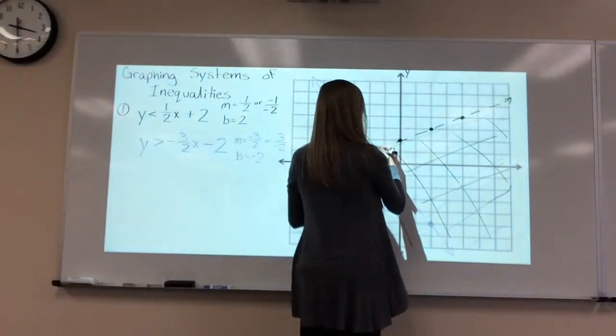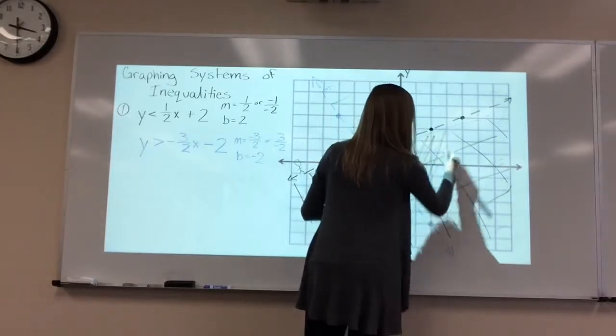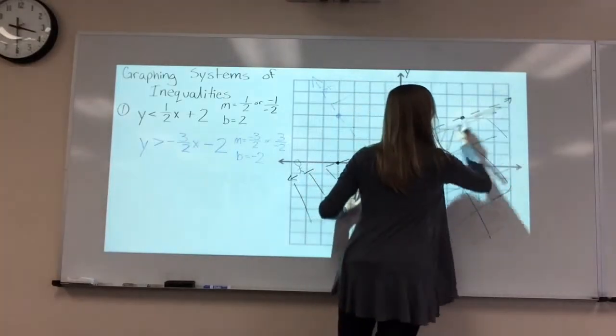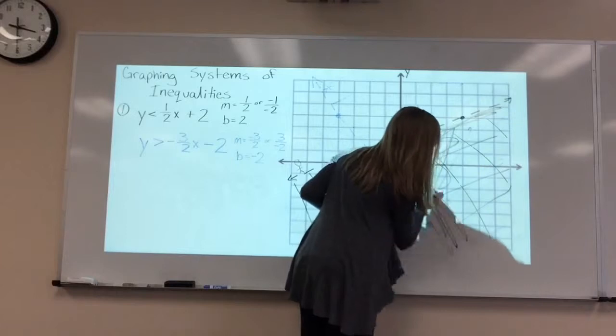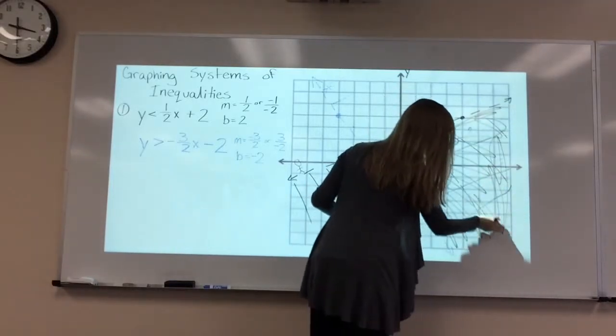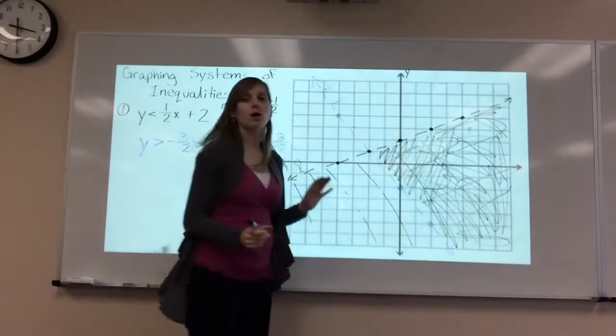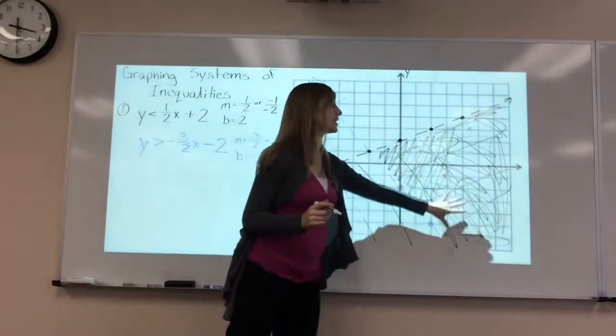So it's this area right here. I shaded in nice and dark because this is the only place on the graph that the answers are true for both inequalities. I need it for both of them, not just one of them. So I shade that area nice and dark.